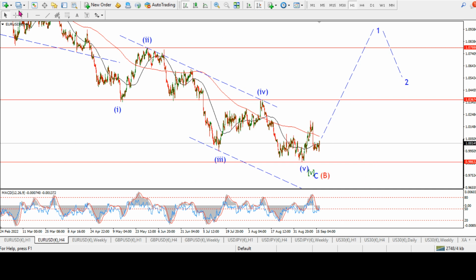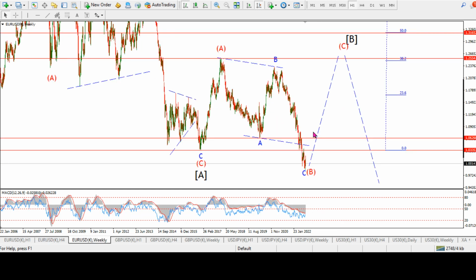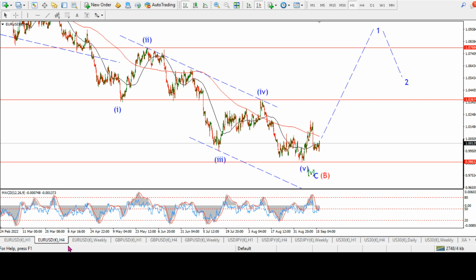Okay, so euro dollar. I have been looking for this reversal pattern. Go to the weekly chart here. Up into a big C wave rally to complete wave B. So on the 4-hour chart, I've been looking for this final decline in wave B to complete. We did get a nice, reasonably impulsive move so far off the recent low.